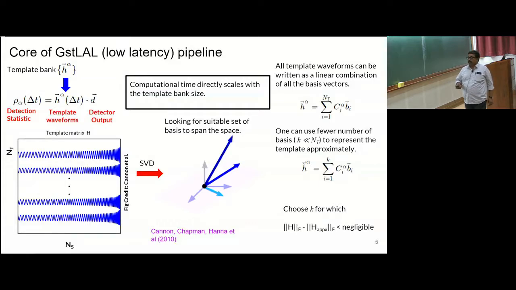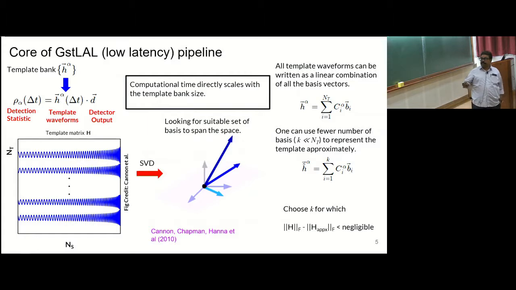So a wonderful idea came out in 2010 where you could stack all the templates in this fashion, and you could try to find a suitable set of bases to span these templates. And the fact that these templates are highly correlated with each other also implies that this matrix is a rank deficient matrix, which means that once we have expanded each of these rows into a suitable basis, we can actually represent this approximately by its low rank approximation.